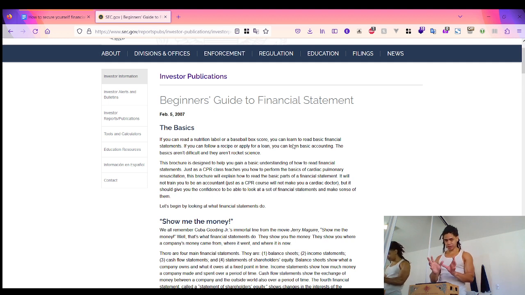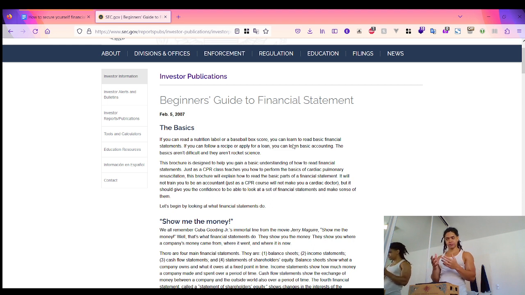The basics are not difficult. I'll agree on that. Perhaps at the beginning it might be quite difficult, but after you dedicate time to it, and the compound interest of time, things start to become clearer.